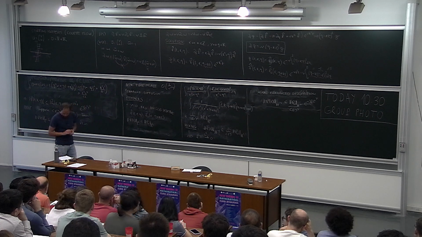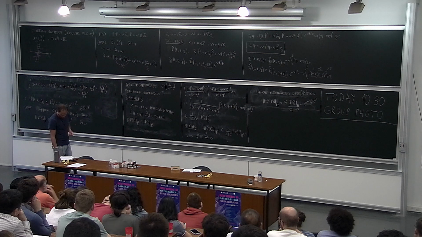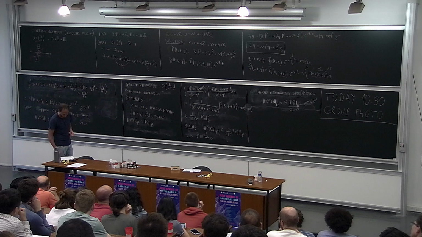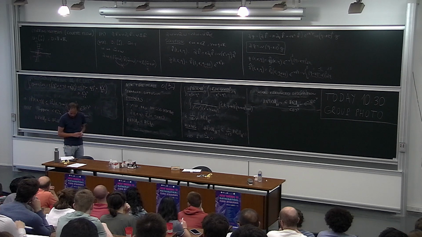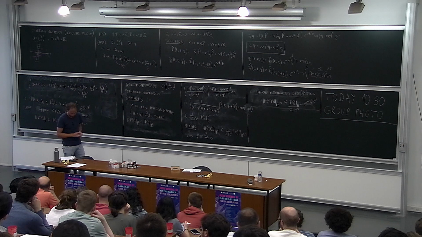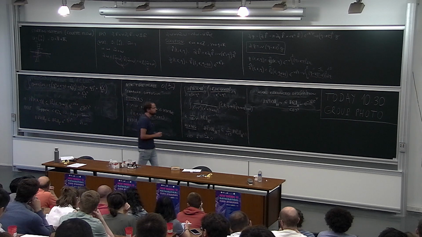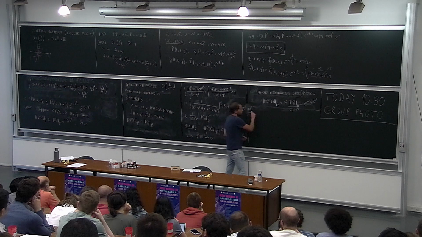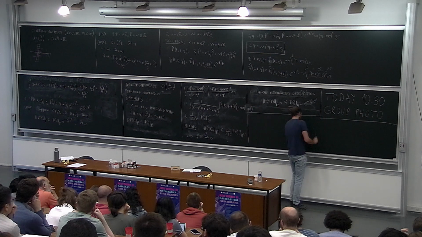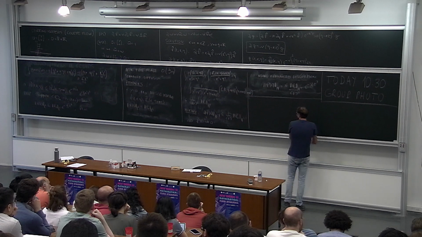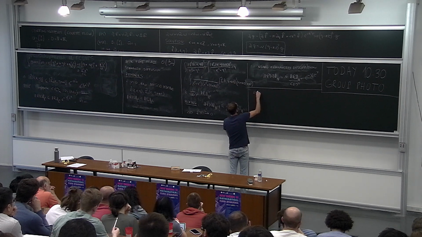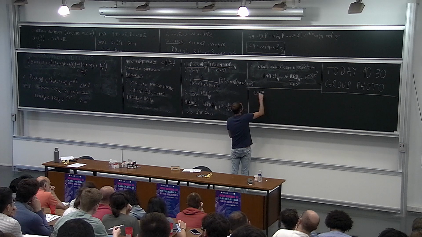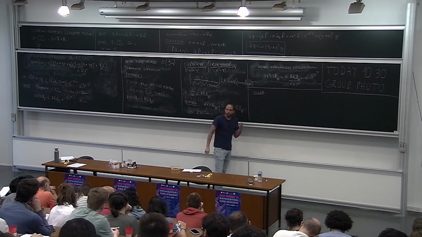Okay, before going to more general stuff, what does this mean for Navier-Stokes, or Euler? So nu equals 0 in Navier-Stokes.